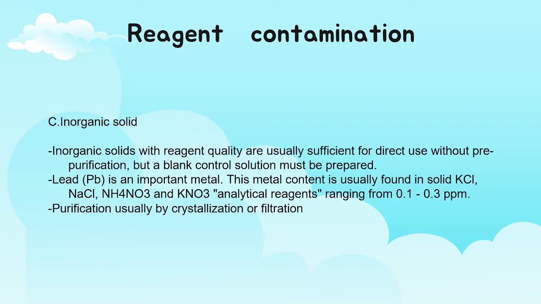C. Inorganic solid. Inorganic solids with reagent quality are usually sufficient for direct use without pre-purification, but a blank control solution must be prepared. Lead or Pb is an important metal.